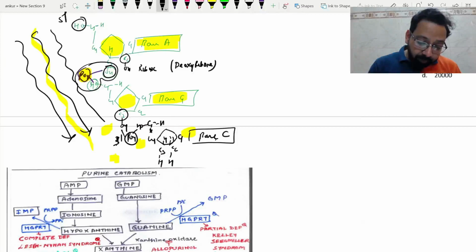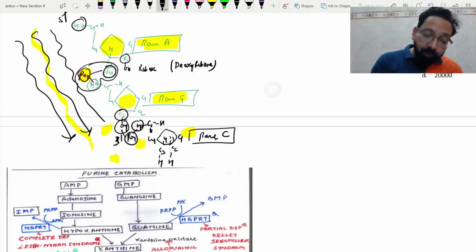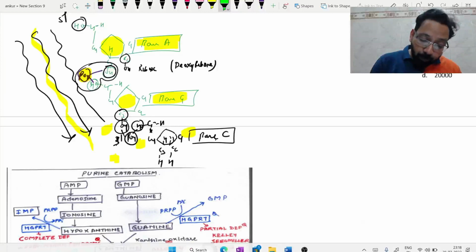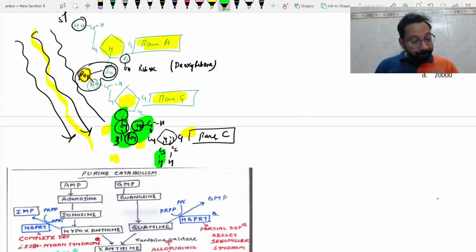So the question was asked, what if you add dideoxynucleotide in a growing DNA chain that is amplifying? In this dideoxynucleotide, there is an OH group at C5 but no OH group at C3. The OH group of C5 will bind with the OH group of C3 to make a phosphodiester bond, but it will not allow the next nucleotide to join.